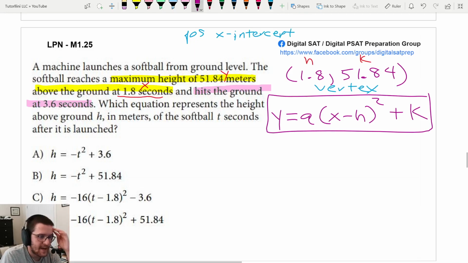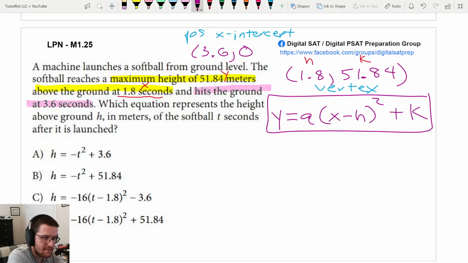And so the x, the time, is 3.6. And think about it, when you're on the ground, the height is 0, because you're 0 off the ground. Also, x-intercepts always have a y of 0.